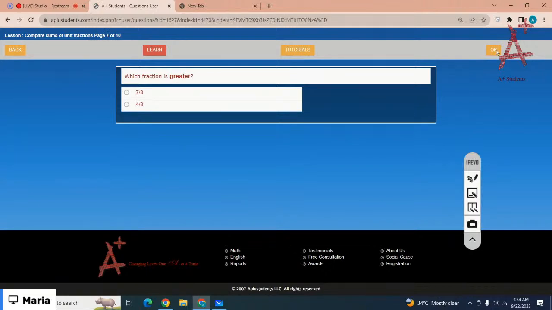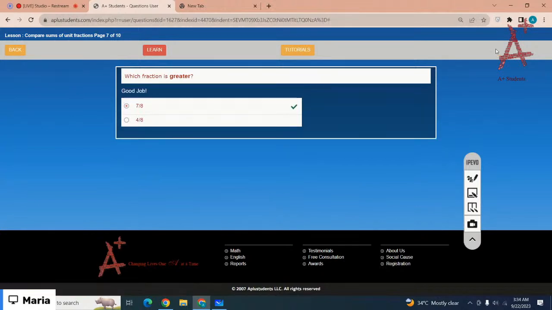Which fraction is greater? 7 by 8, 4 by 8. 7 by 8 is greater than the other one, right? Very good.